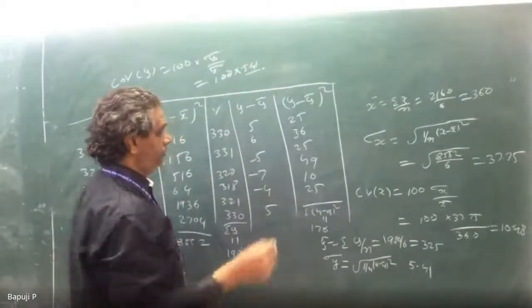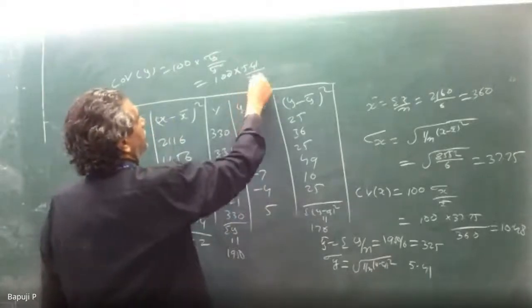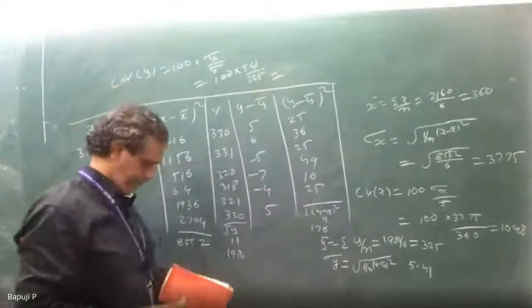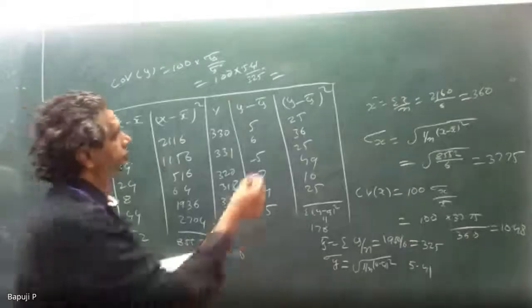What is y bar? 325. Then the value is one point something.